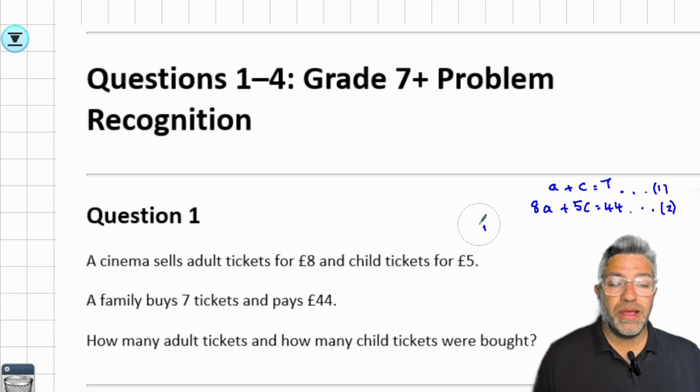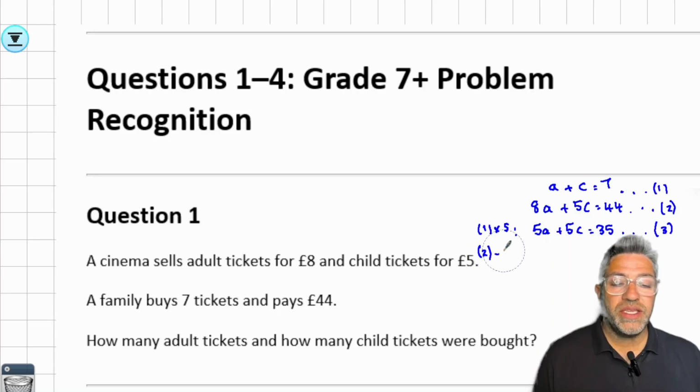So I could multiply equation 1 by 8, but I'm going to choose to multiply equation 1 by 5. And that will give me 5a plus 5c equals 35. And I'm going to label that equation 3.